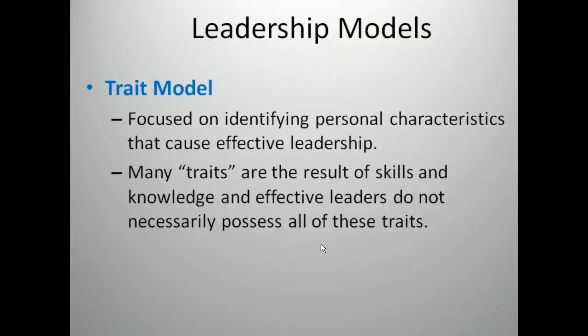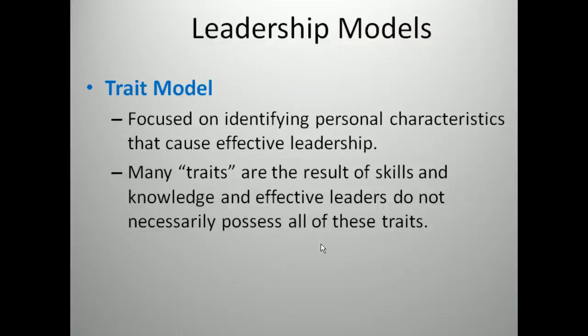Early approaches to leadership, called the trait model and behavior model, really sought to determine what effective leaders are like as people and what they do that makes them so effective. The trait model of leadership is focused on identifying the personal characteristics that are responsible for effective leadership. Decades of research indicates that certain personal characteristics do appear to be associated with effective leadership.